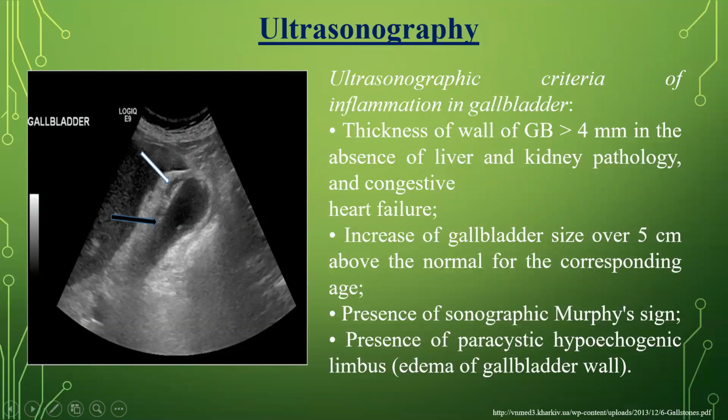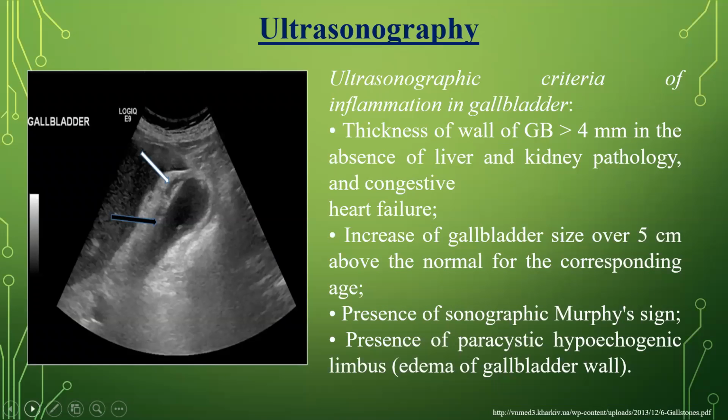Ultrasonographic criteria of inflammation of the gallbladder in a patient with chronic calculous cholecystitis, presented on the slide, are wall thickness of more than 4 mm in the absence of liver and kidney pathology or congestive heart failure; an increase of the gallbladder size over 5 mm above normal for the corresponding age, which can be a sign of bile congestive changes, or hypotony of the gallbladder with hypomotility; presence of sonographic Murphy sign and paracystic hypoechogenic limbus, edema of the gallbladder wall.